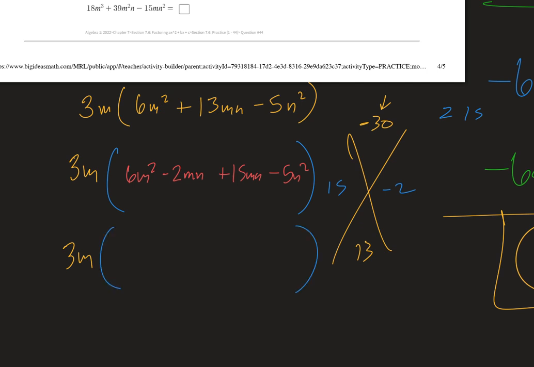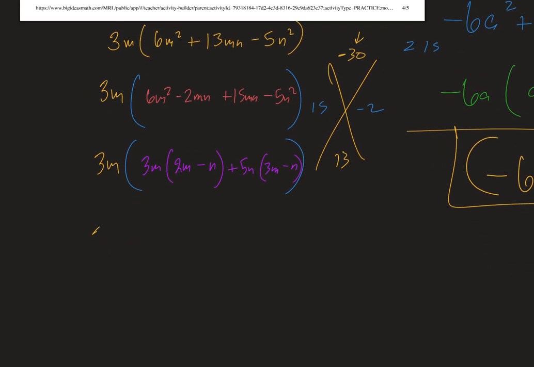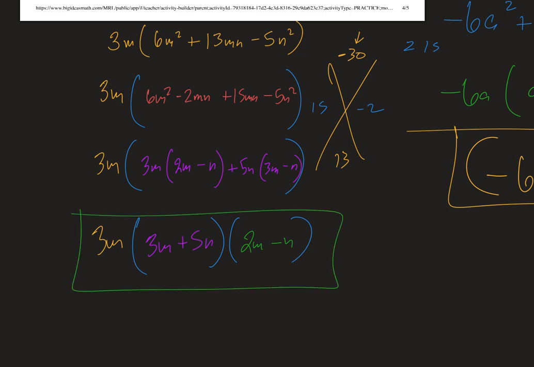Big parentheses. Going to factor out a 2m to get 3m minus n. Going to factor out a 5n to get 3m minus n. And we've got 3m plus 5n and the other one is 2m minus n. So that is our final one.